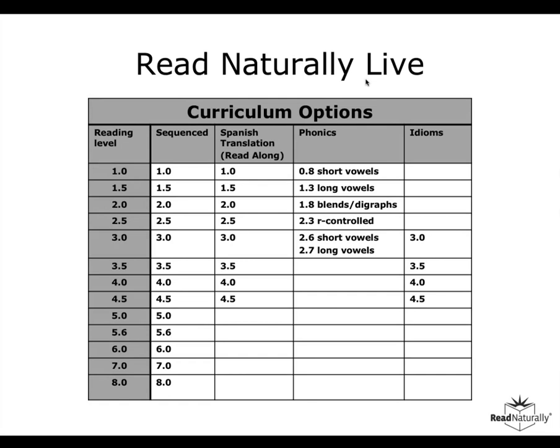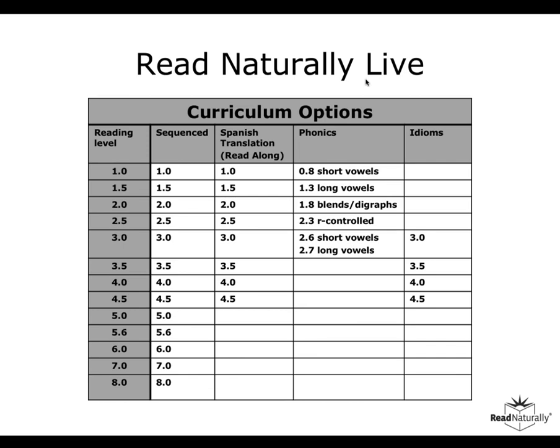So as I mentioned to you, the Read Naturally curriculum is organized into nonfiction passages, and the passages are then organized further into levels. And the levels are organized into series. So in our sequence series, we have 13 different levels, beginning with level 1.0, moving up in half grade or half reading level increments up until level 8.0.